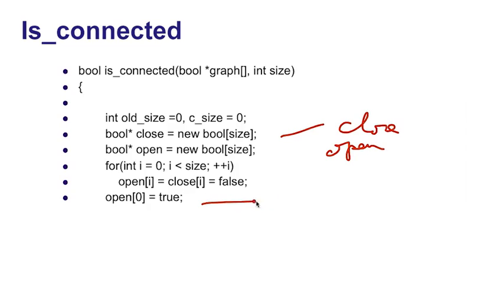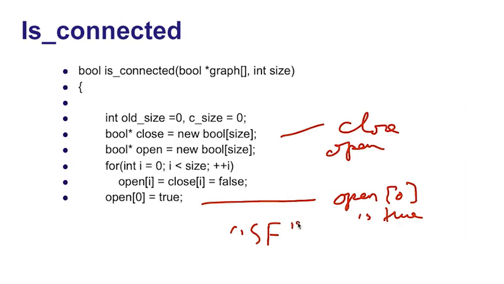And here is where open of 0 is true. That's like saying San Francisco is originally in the open set. And since it'll be the only thing in the open set, it'll get automatically selected and placed in the closed set.